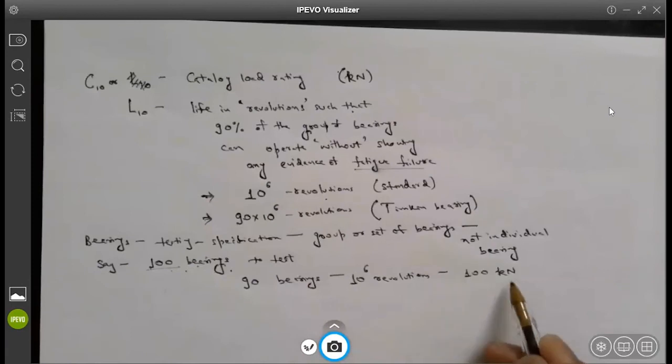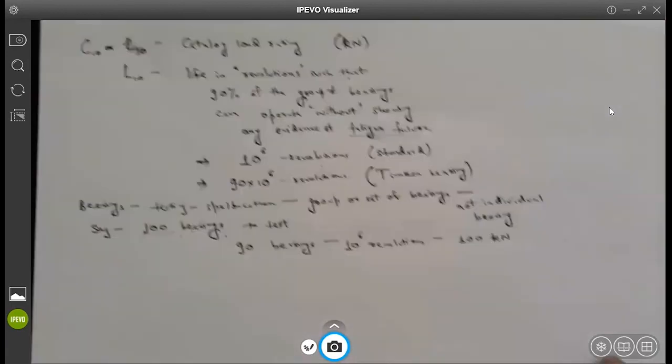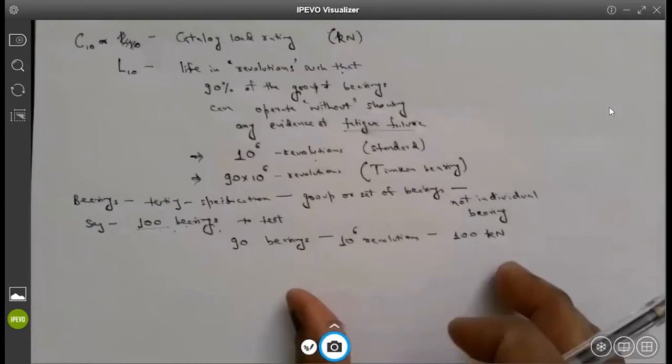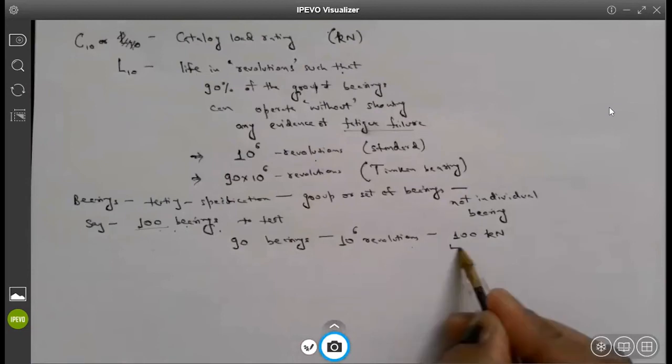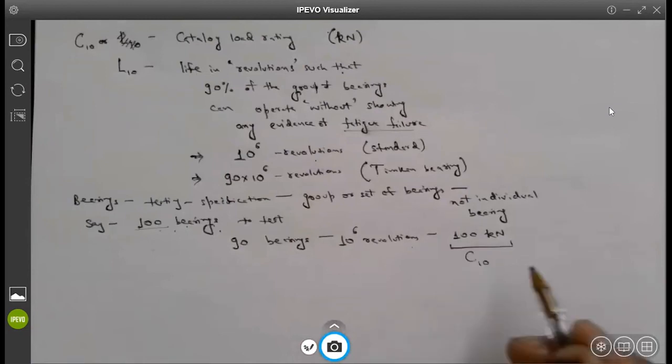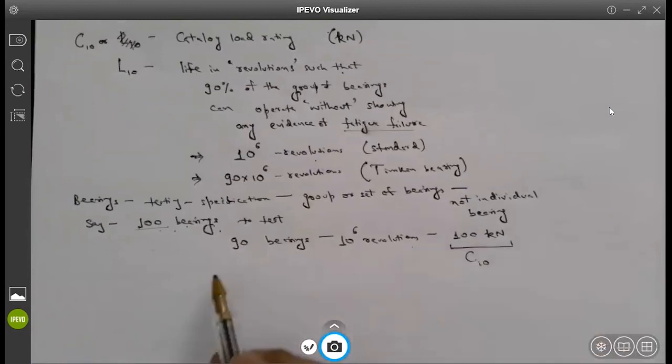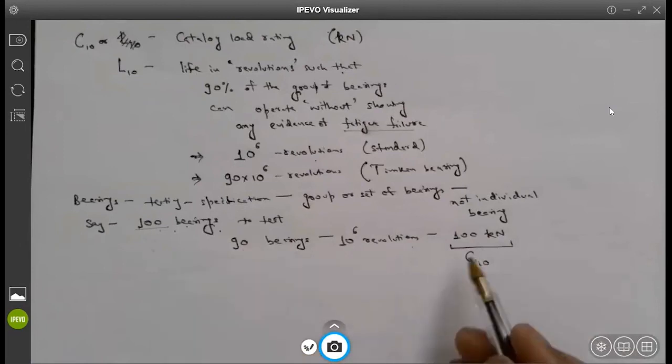These are numbers I'm just making up for the sake of our discussion. So out of these 100 bearings, I found that 90 can withstand 100 kilonewton load at 1 million revolutions. Then this will be my C10 load, the catalog load for this specific set of bearings. Does it make sense?